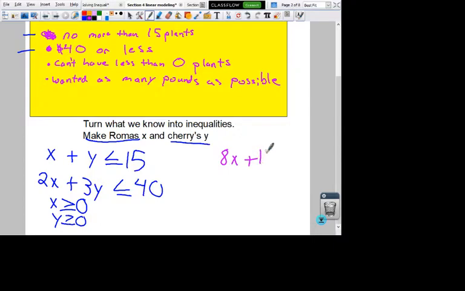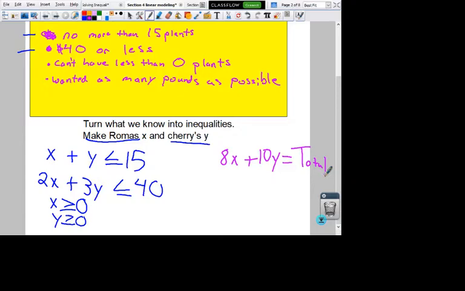So 10 times the number of cherry tomatoes. I'll just write total. So 8x plus 10y is going to equal our total. I want this total to be as big as I can get it.